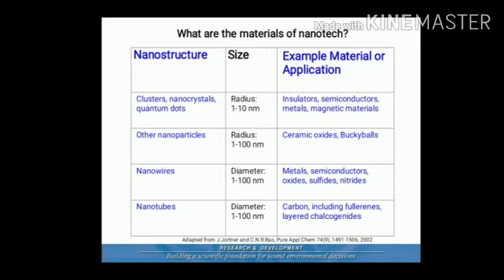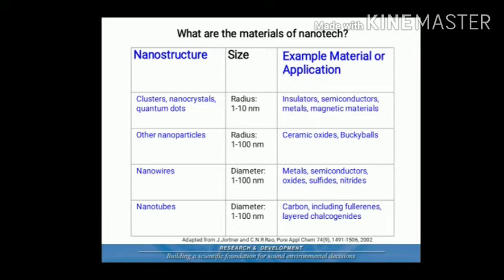For clusters: nanocrystals, quantum dots. Its size is 1 to 10 nanometers, and the materials are insulators, semiconductors, metals, magnetic materials. For other nanoparticles, radius 1 to 100 nanometers, ceramic oxides, buckyballs.